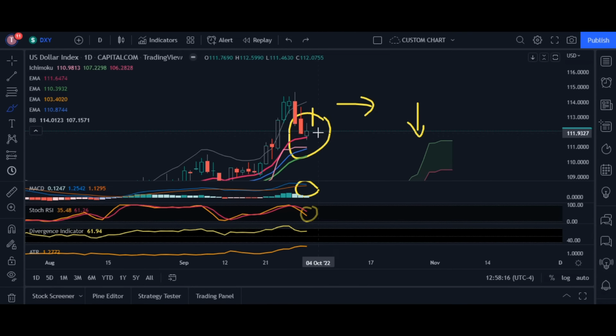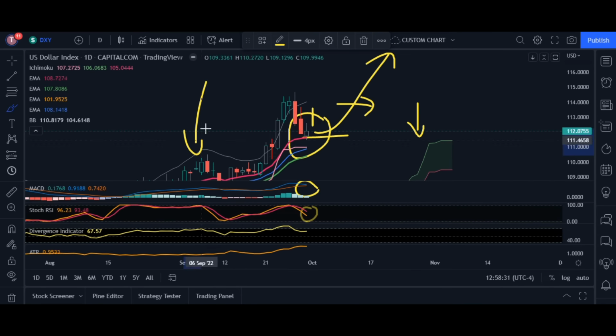So what we need to see is whether the dollar index is able to hold above the moving average, and if it does, it is going to be further bullish. And because it is going to be bullish, the stock market, the S&P 500, will be bearish, meaning it will come down. As simple as that.